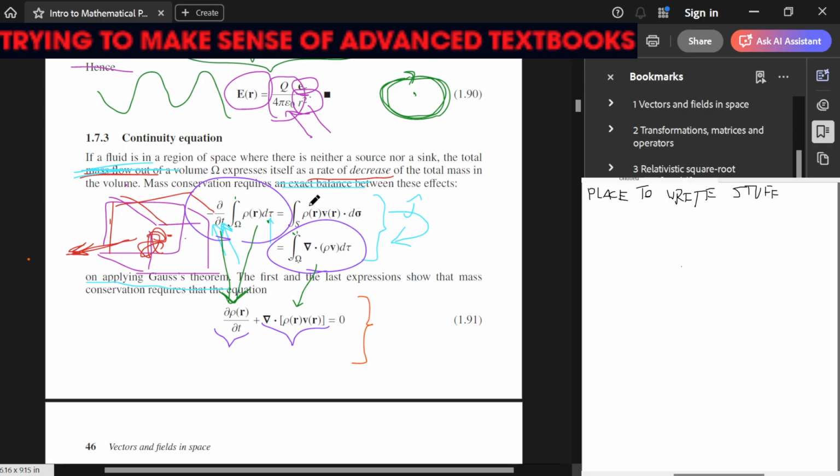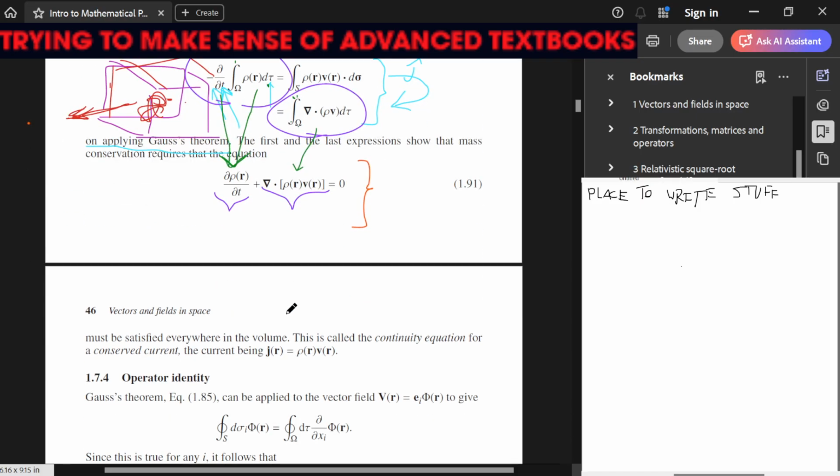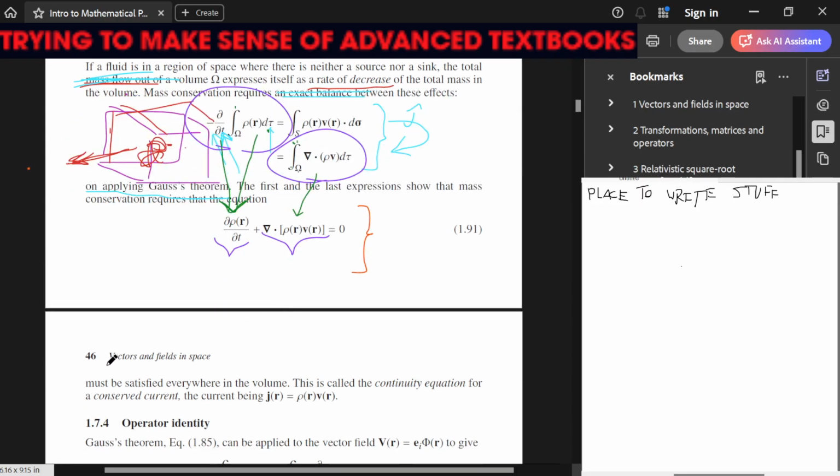Granted, these two are equal. So let me try to see how these two are equal. Let me finish reading this. After applying Gauss's theorem, we got this, which shows that when you add up these two equals this, it must be satisfied everywhere in the volume.